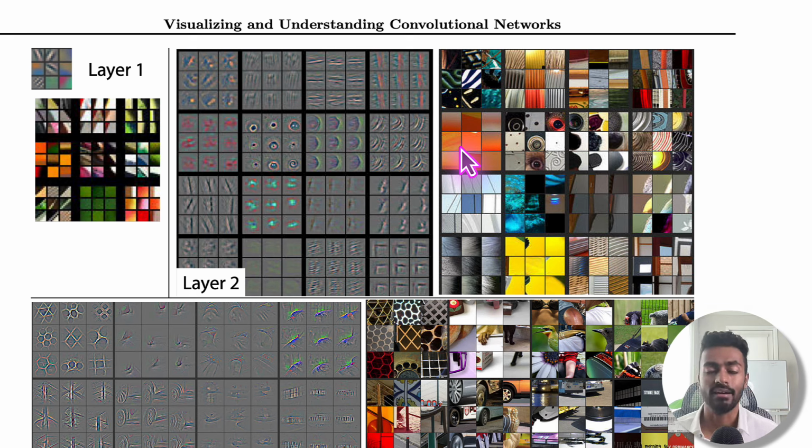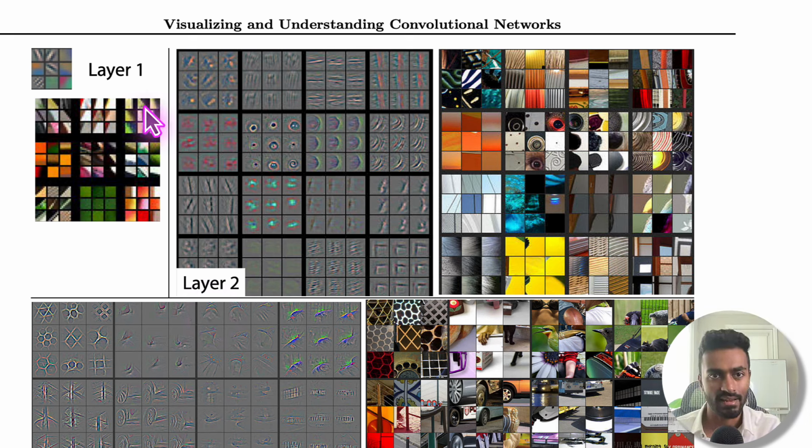Now, for each of these convolution layers, there are going to be many feature activations because there are many filters. We're just going to choose a subsample of, let's say, 9 or 16 of them. For each of those feature maps, we're going to choose the images that led to the largest activations and paste them on screen here.